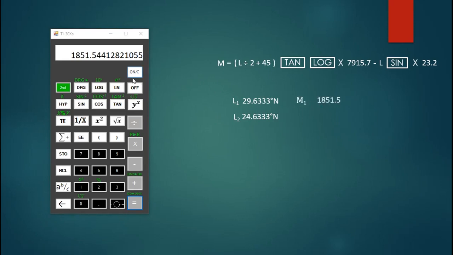And then we have to go through the same process again, except we use L2 everywhere there's an L here, and we get M2.